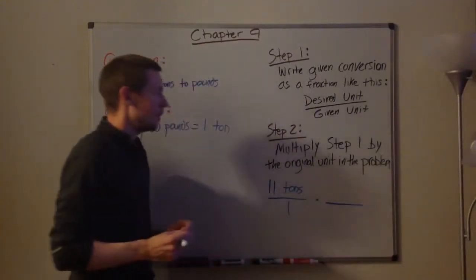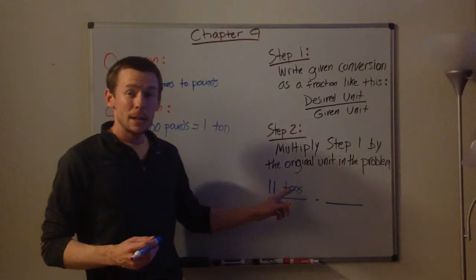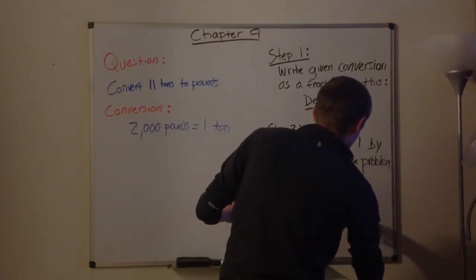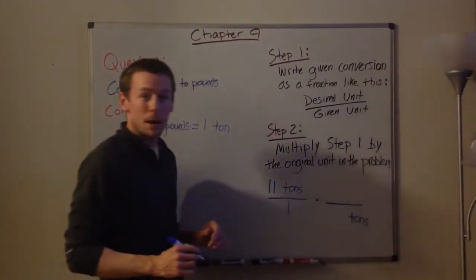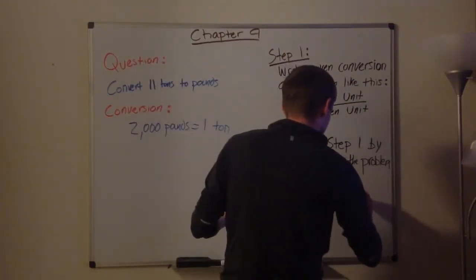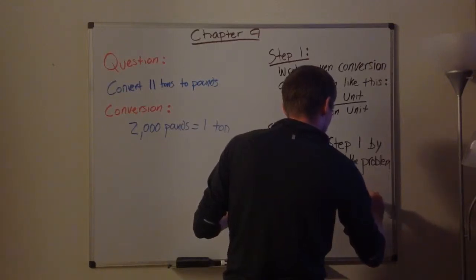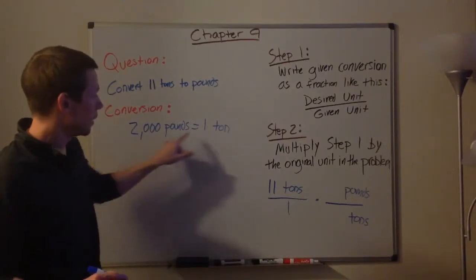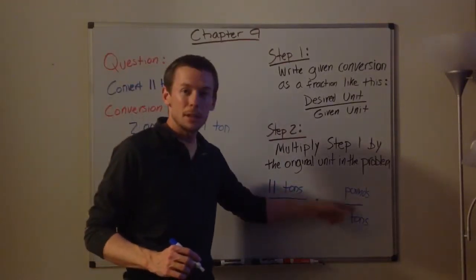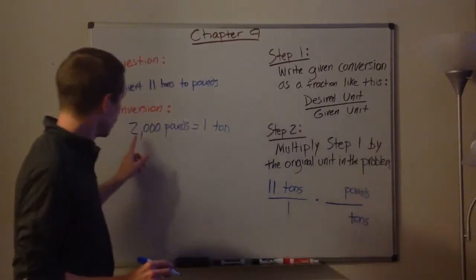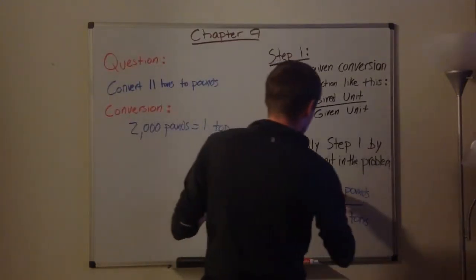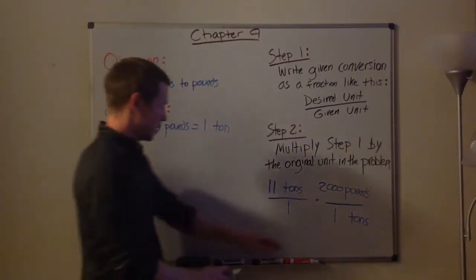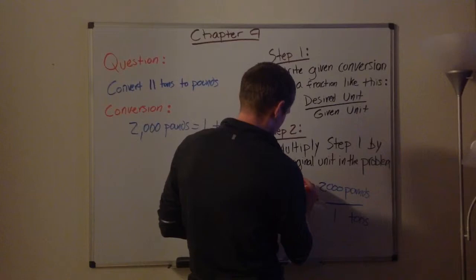To start my second fraction, I know that I want to cancel tons. So I'm going to put tons on the bottom, pounds on the top, and then just go back to your conversion and fill in the numbers after you've filled this in accordingly. So 2,000 pounds is 1 ton.